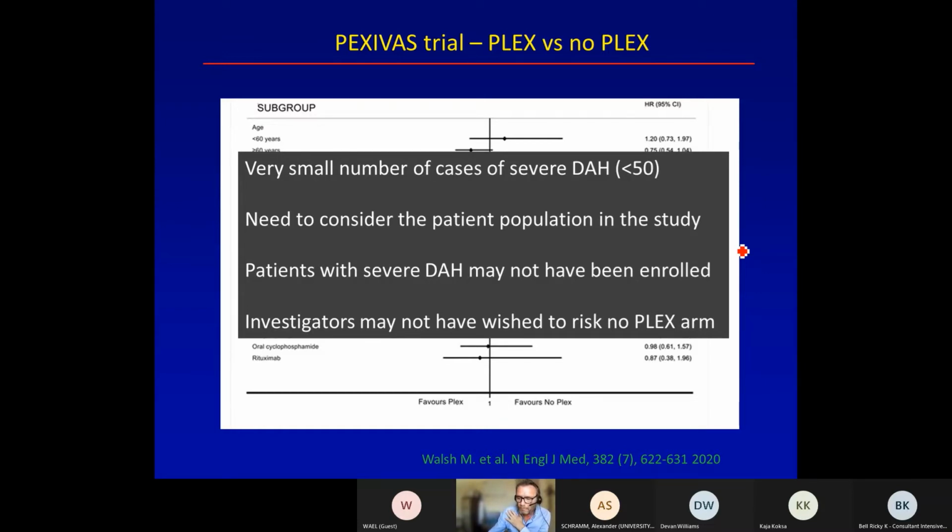Clinicians looking after them may have been convinced that they needed plasma exchange, and they were not willing to take the risk of patients being randomized to the no PLEX arm of the study, and therefore they didn't include them in the study. And that might be why there's a relatively small number of diffuse alveolar hemorrhage cases. So you just need to bear that in mind in terms of interpreting the study.